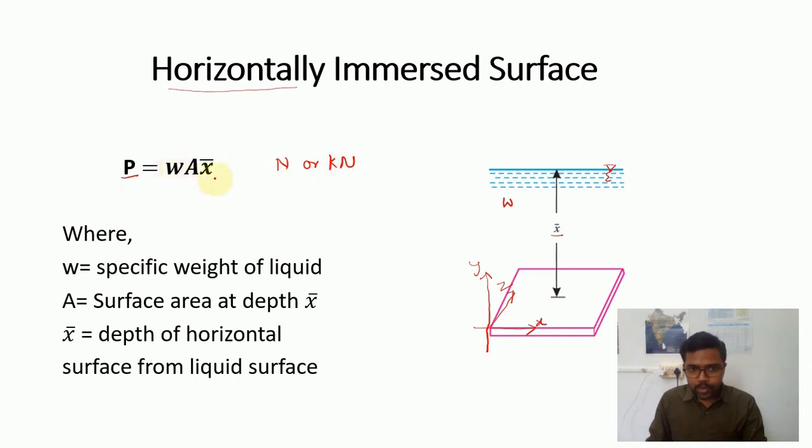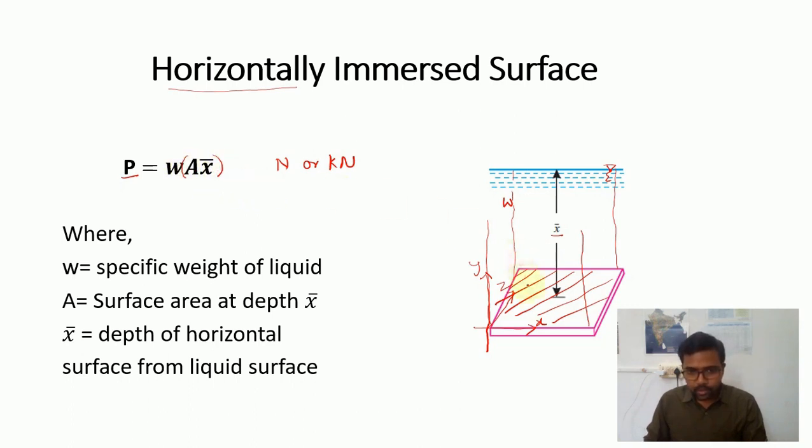Now W A x bar: A into x bar, where A is the surface area of the plane surface and x bar is the height, right? Area into height is the volume.